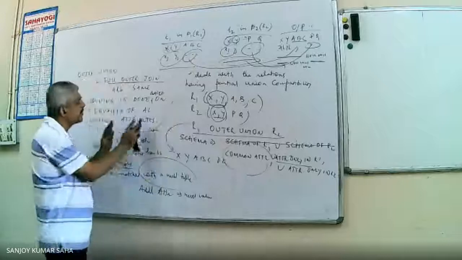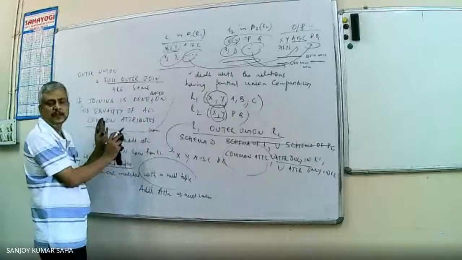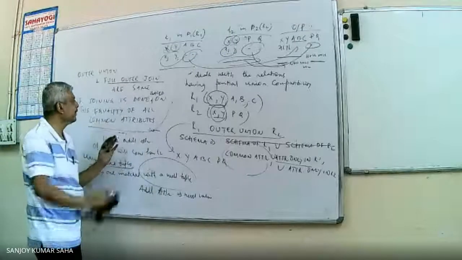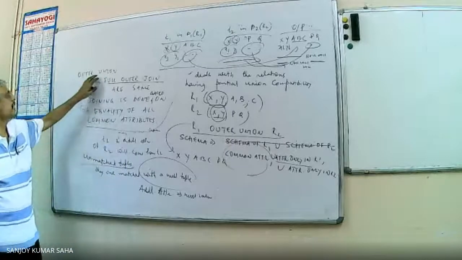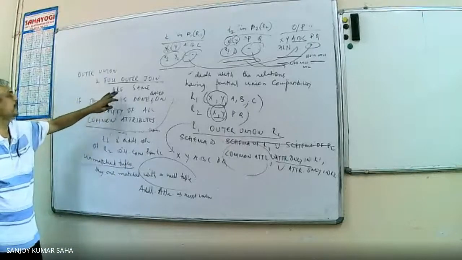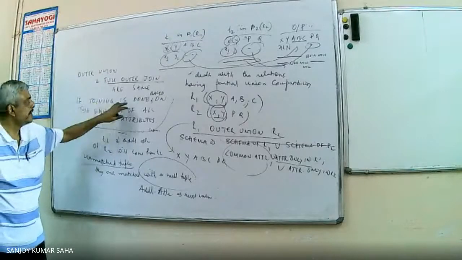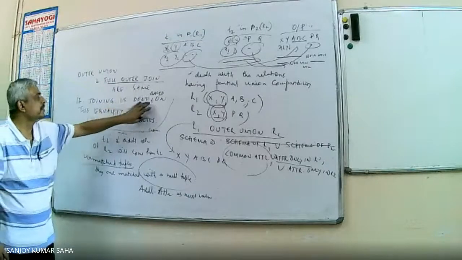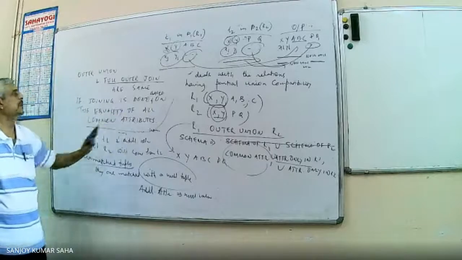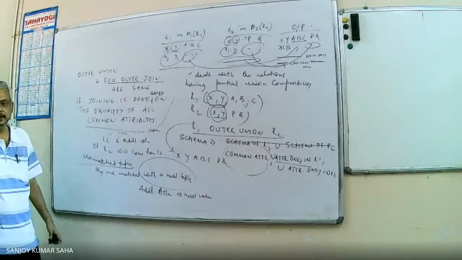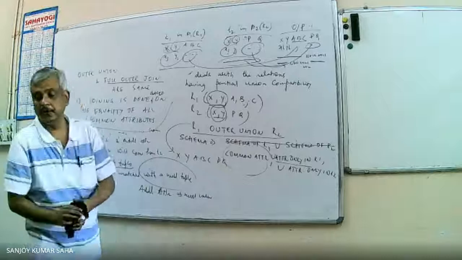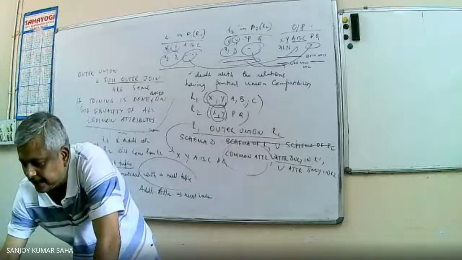Only thing is that in terms of the schema, we may have to go for some projection. Forget about that. So in one sense, outer union and full outer join become equivalent if joining in full outer join is done based on the equality of all the common attributes. Okay, so for today, let us stop here.